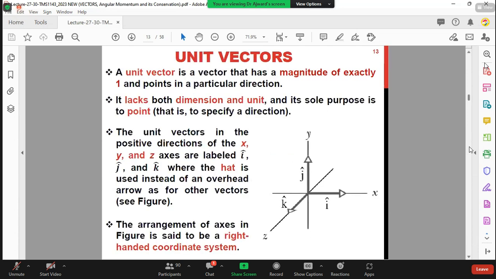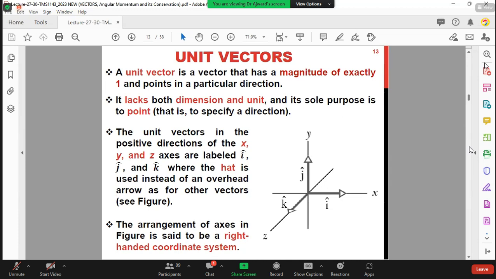So what are unit vectors? Vectors you know, but what are unit vectors? What is a unit? A unit usually means one, right? Like 1 unit of electricity. That's not a vector quantity, but I'm just saying.